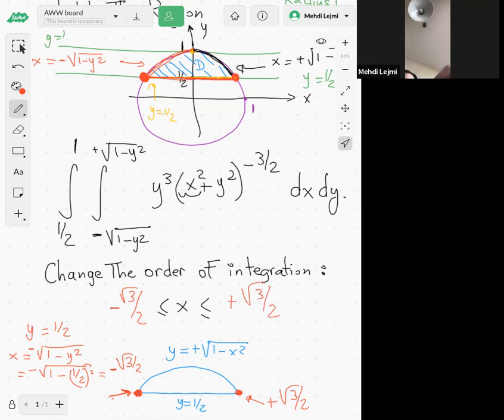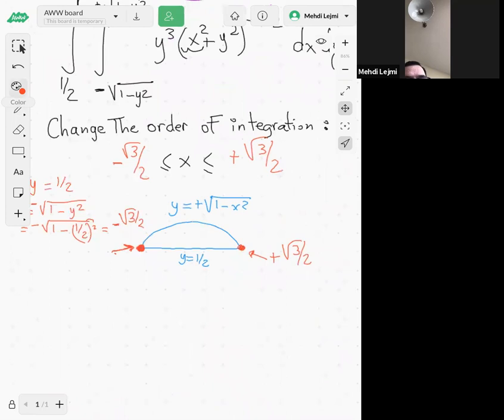Okay, and then the y coordinate is just between the bottom, y equals half, and the top, which is just the equation of the circle, plus square root of 1 minus x squared.